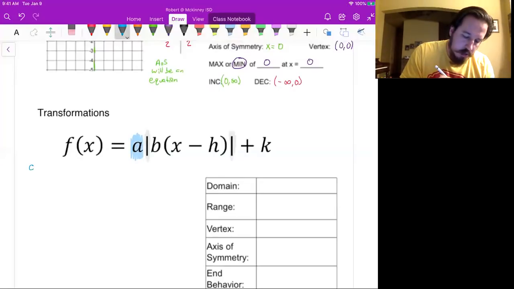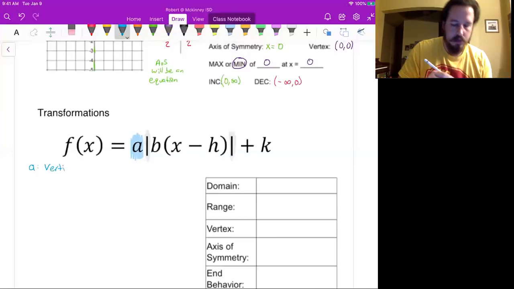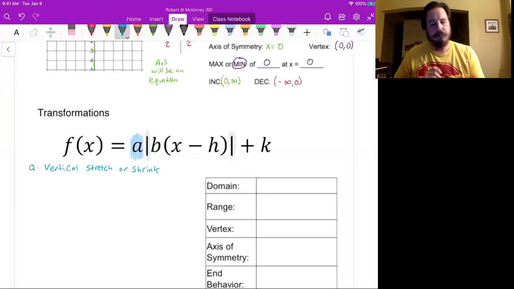So the A value out in front, A's job is going to be a vertical stretch or shrink. Okay.